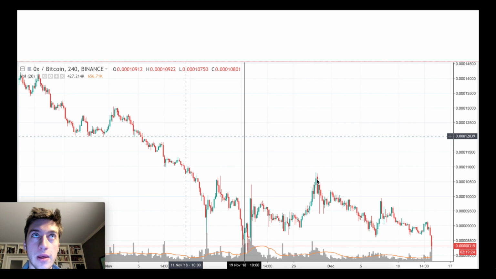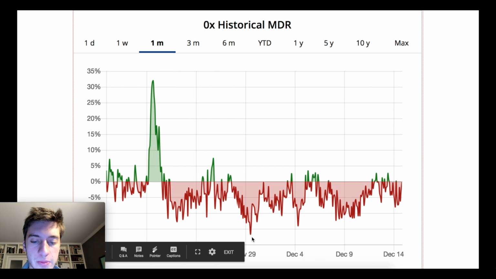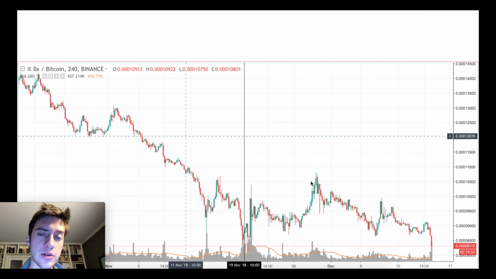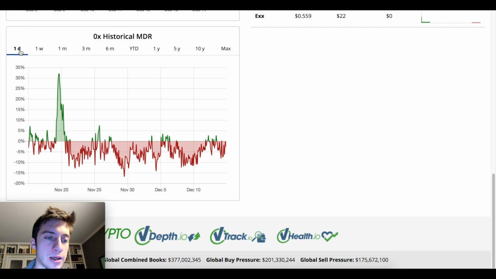I did well on a BNB trade that I found, that Binance bids and offers do work pretty well, so you can go check that out. But what I'm showing here is that the lowest point it had gotten was right there. So that's really what we're interested in, not just spikes in the bids, and not just spikes in the MDR, not just spikes upward or downward, but when is the MDR reaching its high, and when is the MDR reaching its low on the weekly and on the monthly, and sometimes even on the daily.